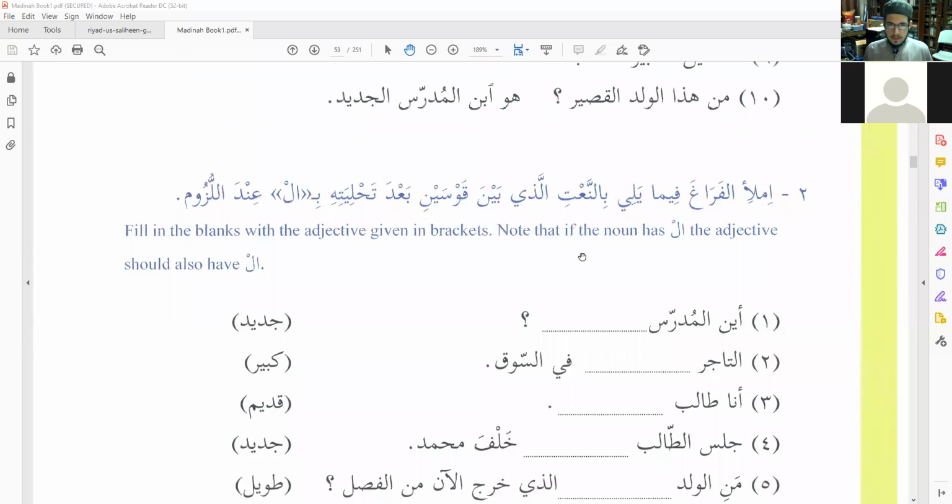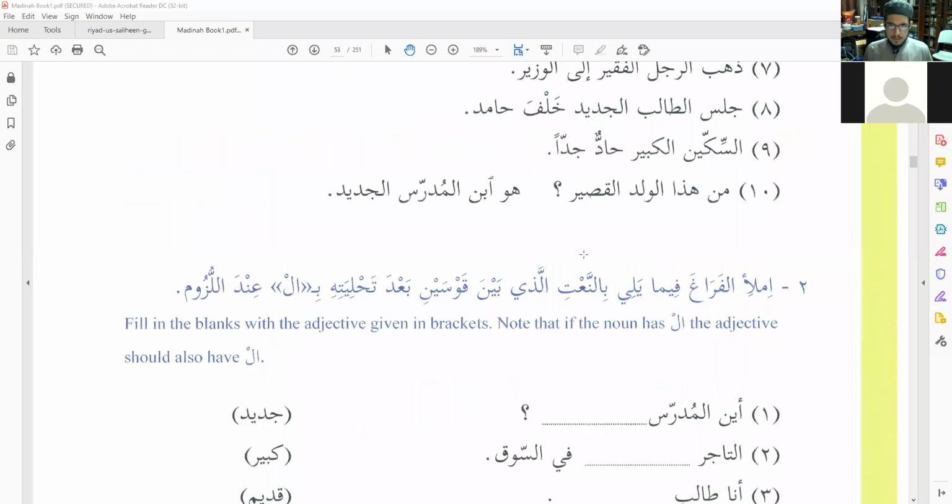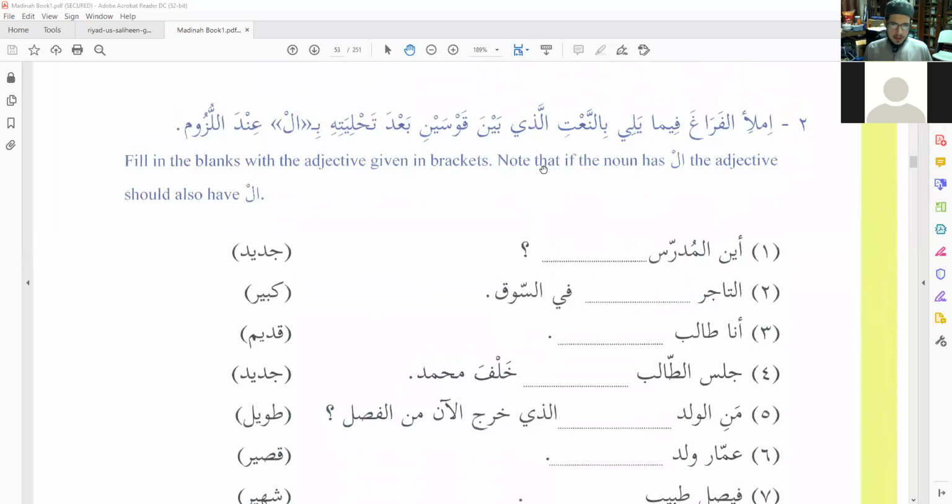Okay, we have reached a new exercise. Here, they're giving us blanks. Previously, we have been looking at sifah mawsoof pairs, right? Adjective and the nouns that they describe. They had all come in discrete parts of the sentence, right?